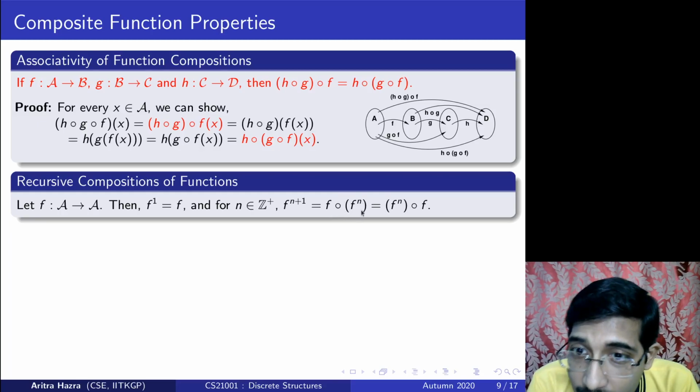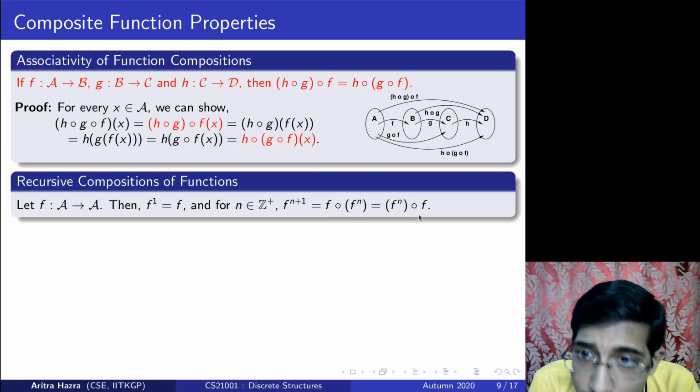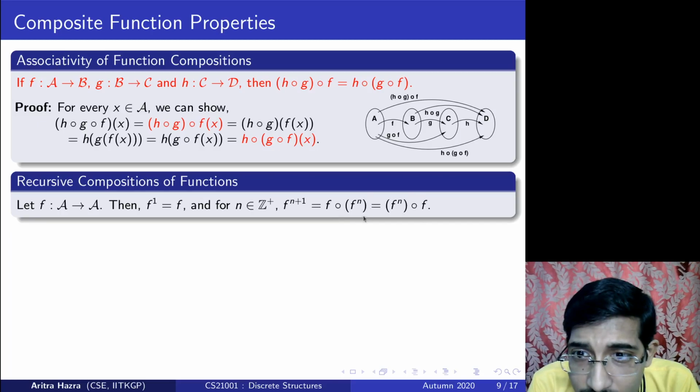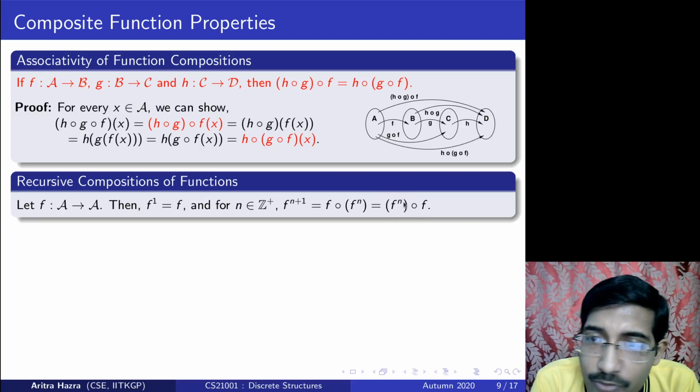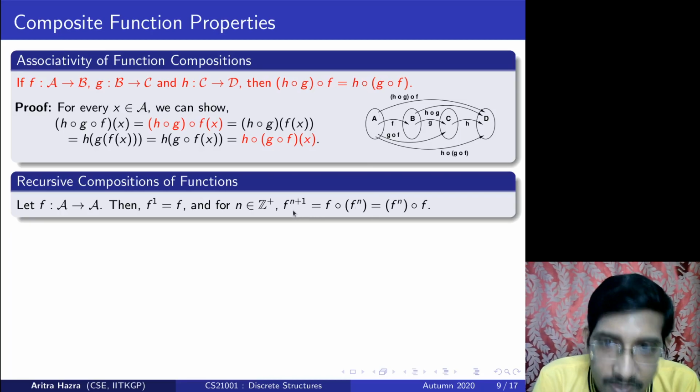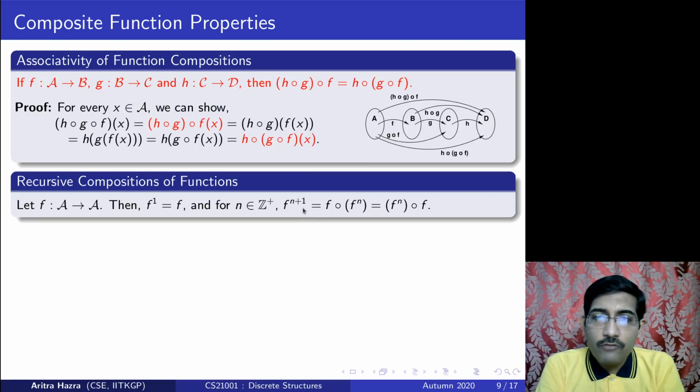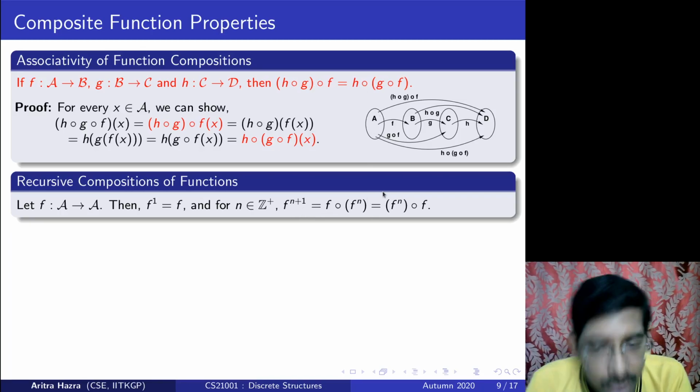Anywhere you can put the bracket, in the n plus 1 number of f, I put the brackets over the last n, or I put the bracket over the first n. So the bracketing or the association doesn't matter. That's why this is a recursive definition of the composition of n plus 1 copies of the same function.